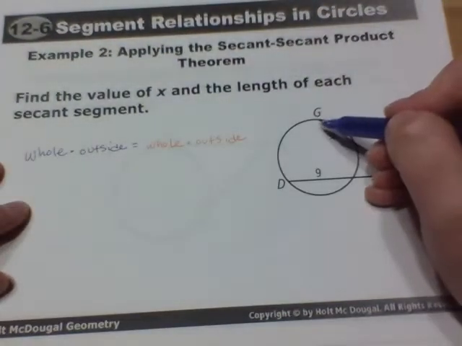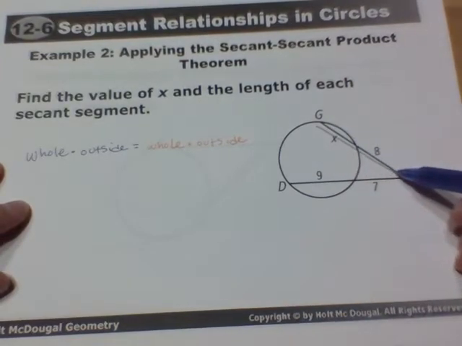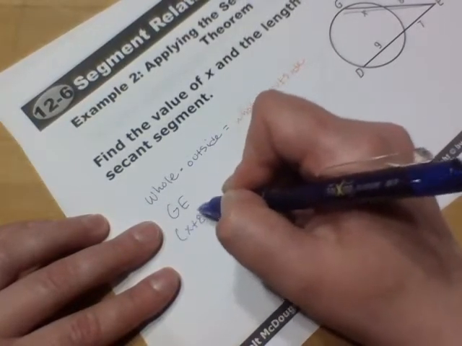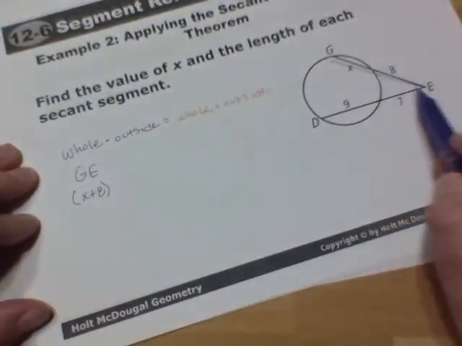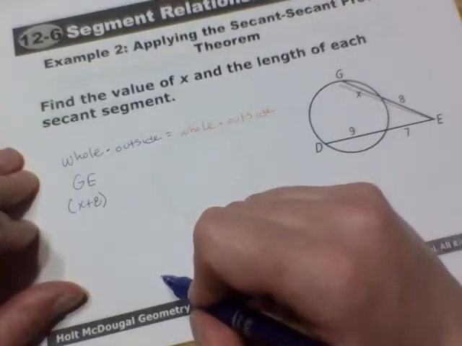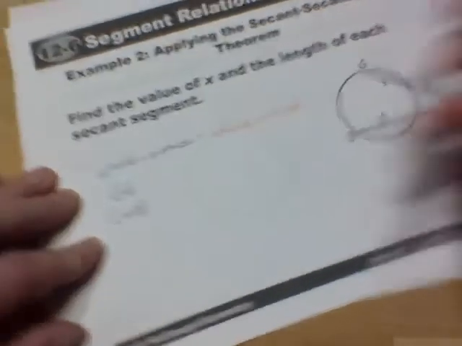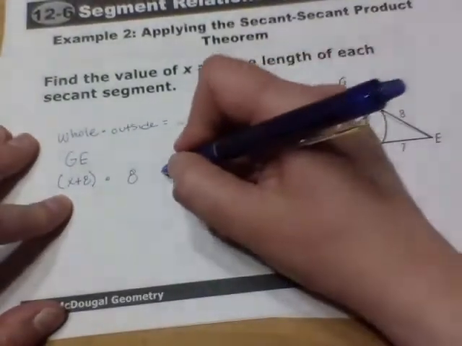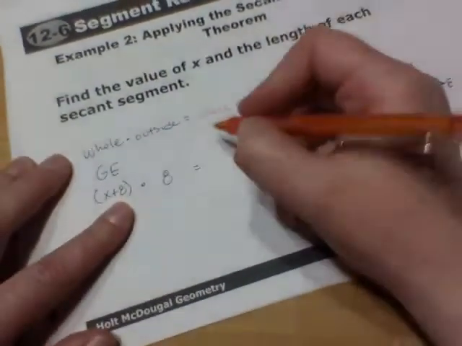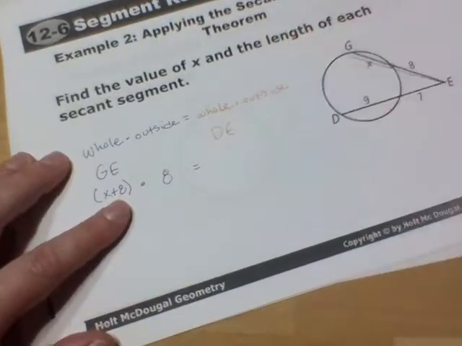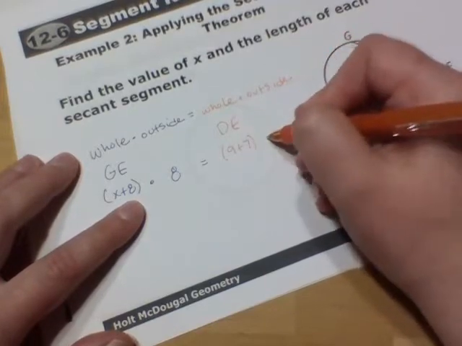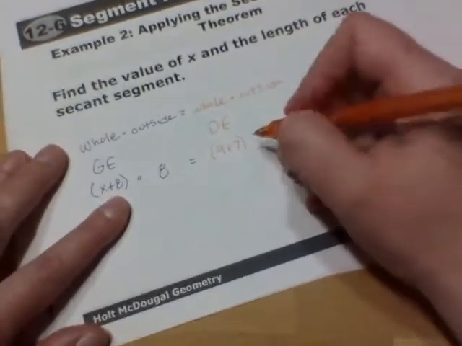But looking at this, the whole piece from G to E is x plus 8, and then the outside part is, I guess there isn't a letter here, so it's just 8. And then that's going to equal the whole on the other one, which is DE, or 9 plus 7, and then times just the outside part, which is just 7.